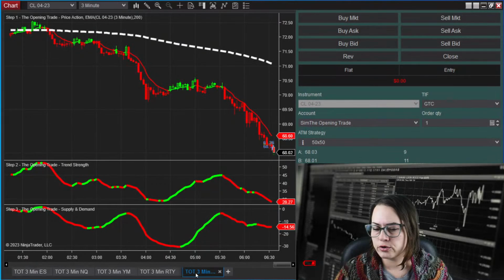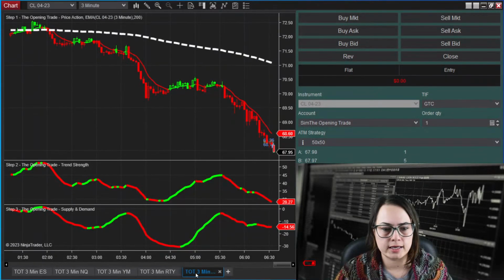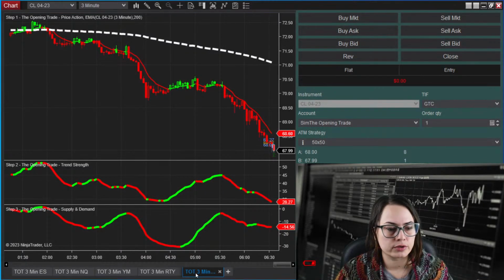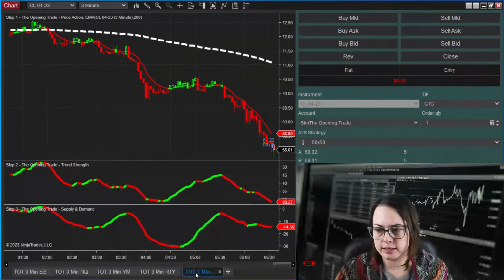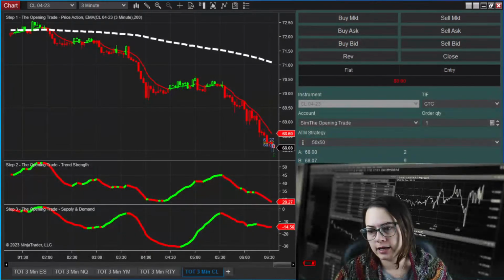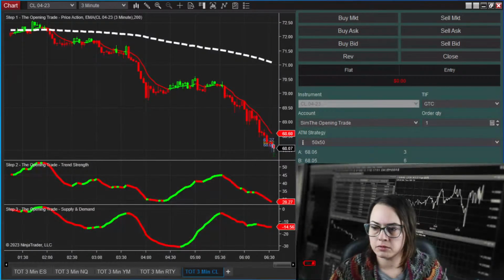All right, so we have less than 2 minutes before we could see our first automated trade take place on the Dow. So here, crude oil is not showing us the candle that we wanted at this time.